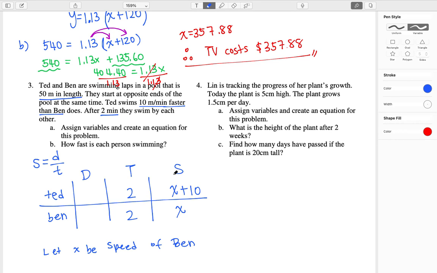Okay, and then to find distance, all you need to do is rearrange the distance formula. D is equal to speed times time. So for Ted, I'm going to multiply 2 times x plus 10 by using the formula. And for Ben, it's going to be speed times time. So 2 times x, which is 2x.